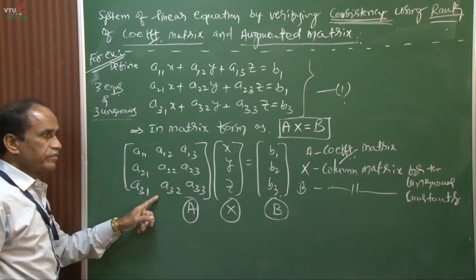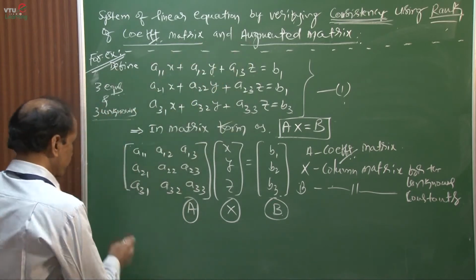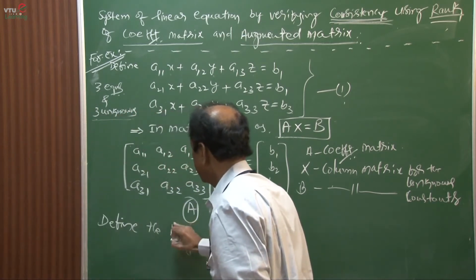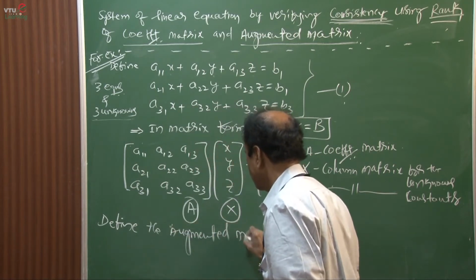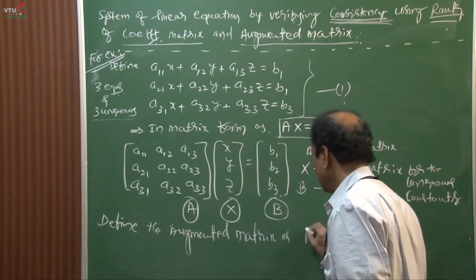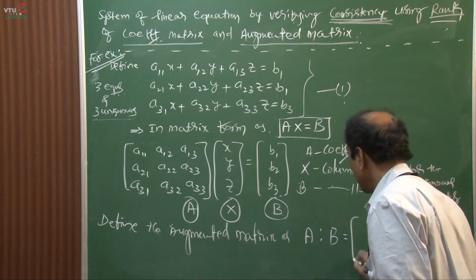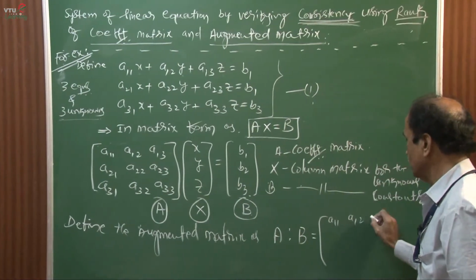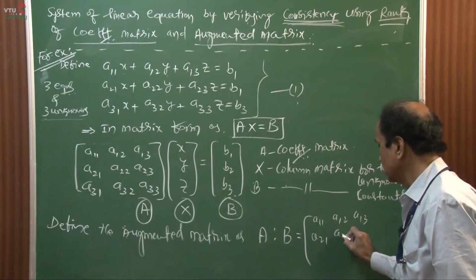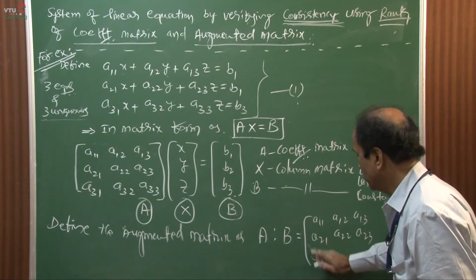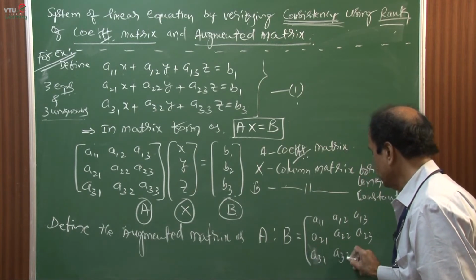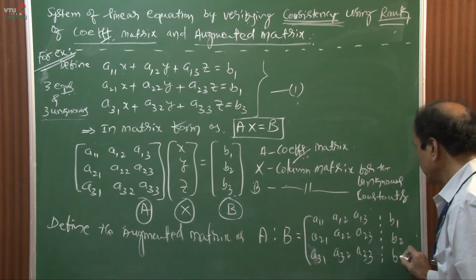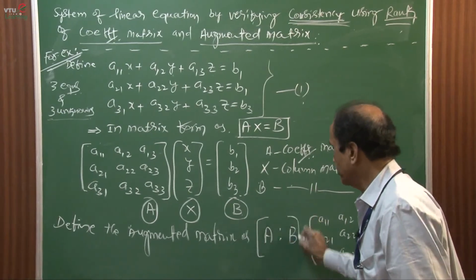So this is the coefficient matrix, and the augmented matrix I am going to define as A double dot B. We are introducing this B1, B2, B3 inside the coefficient matrix, that is A11, A12, A13, A21, A22, A23, A31, A32 and A33, then the dots and B1, B2 and B3. This is called the augmented matrix.